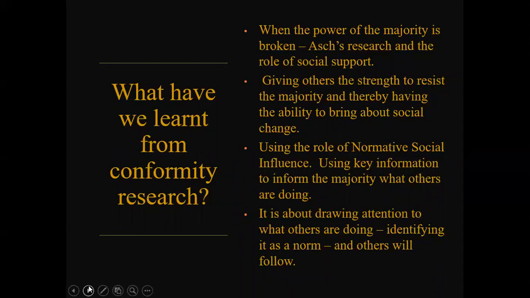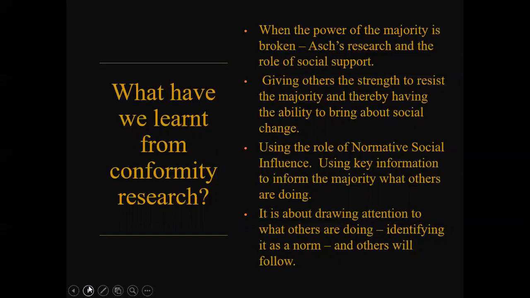So what else do we need to look at? I need to stop saying so, I'm saying that quite a lot in this video. We have to also look at what we've learned from conformity research. I've got a couple of points up here that I want to draw your attention to. So we know how minority influence happens. We've got the 6 steps. We need those steps to occur in order for change to occur.